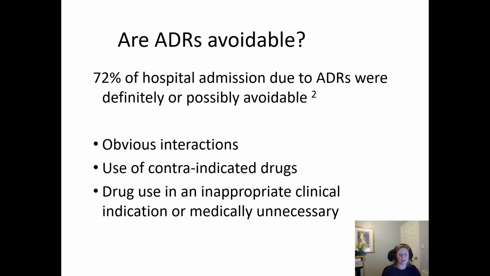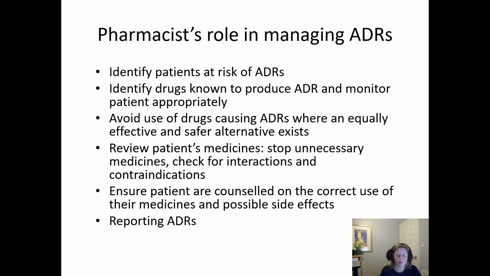The ulcer would then heal and then it can be stopped, but the medicine's on their repeat prescription, so they'll continue taking it for a prolonged period of time, and the longer that you're on a medicine, the more likely you are to develop side effects and interactions and other problems associated with that. So pharmacists have a key role in preventing, managing and reporting adverse drug reactions.